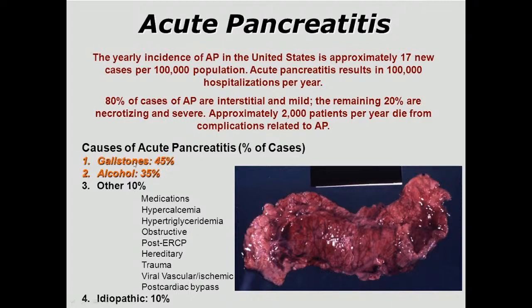45% gallstones are the cause of acute pancreatitis, 35% alcohol, and other cases. 10% are medications, hypercalcemia, hypertriglyceridemia, obstructive causes, and other causes of acute pancreatitis, maybe trauma, vascular or ischemic causes, and others.